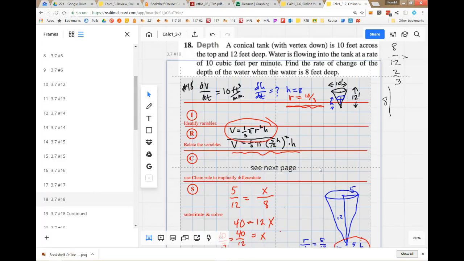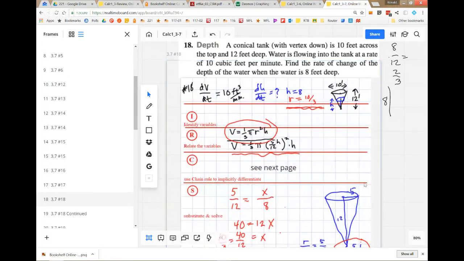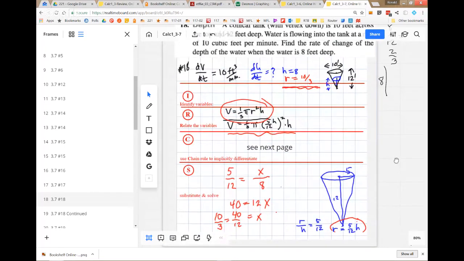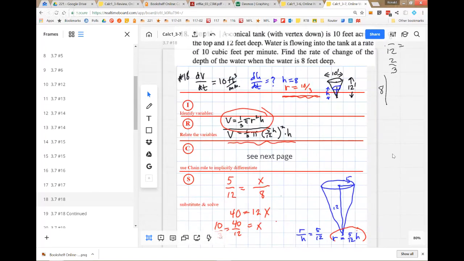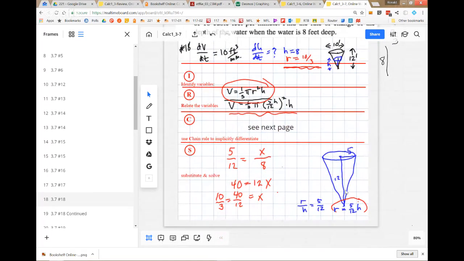So there's one other thing we've got to figure out here, and that is the ratio of the height to the length, which was a little bit tricky, and I drew that down at the bottom here with this cone. So all the way across was 10 feet. That means the radius is 5. We know the depth is 12. So we've got this 5:12 ratio.